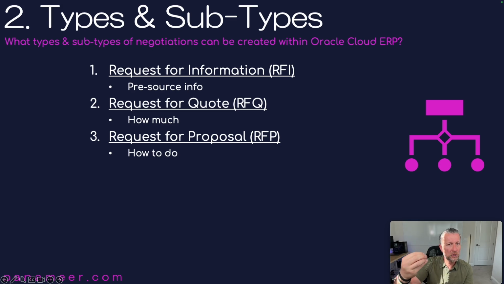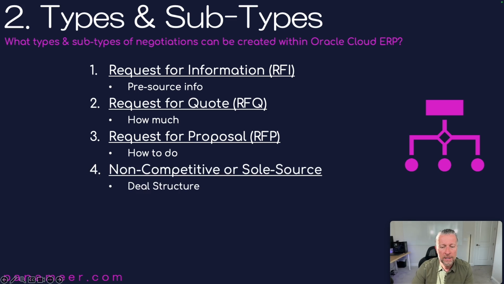So again, in an RFQ, I already know what it is. Quote me the price, versus an RFP, where I want you to propose how this project's going to get done. Next, here's something interesting, a non-competitive or sole source. A lot of people assume every negotiation or sourcing event is competitive.